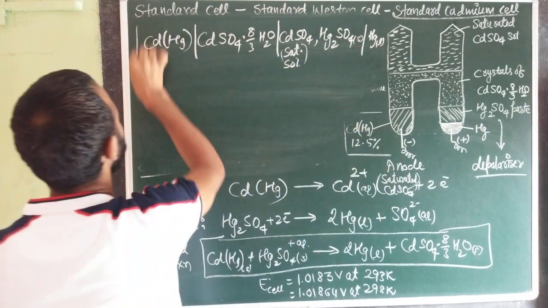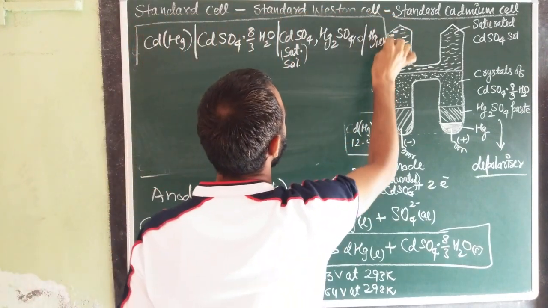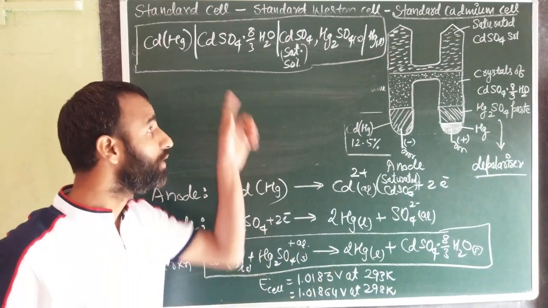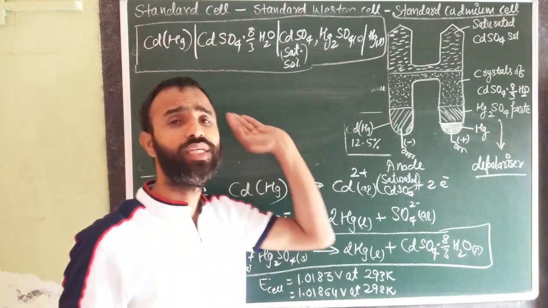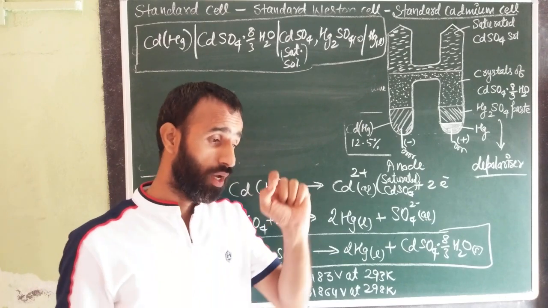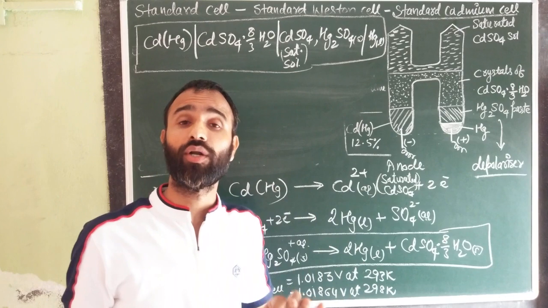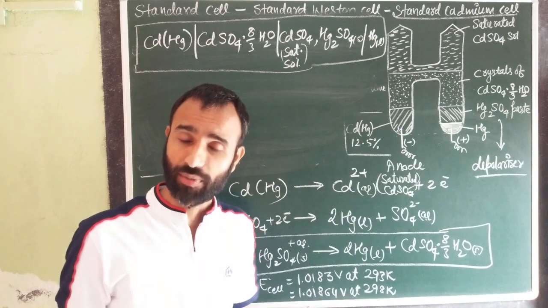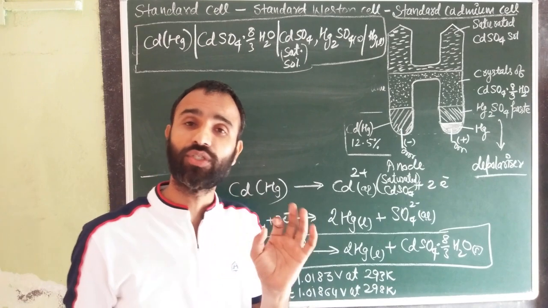So this is the cell representation, right? And the EMF of this cell does not change much with temperature. Keep in mind, that is the most important requirement of a standard cell, that its EMF does not change with time as well as with temperature.